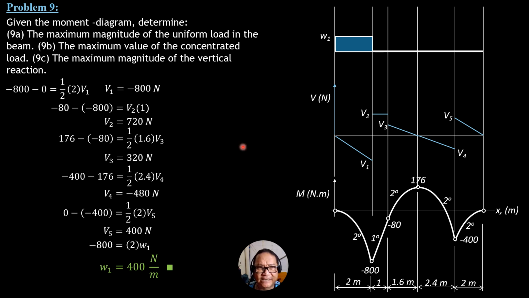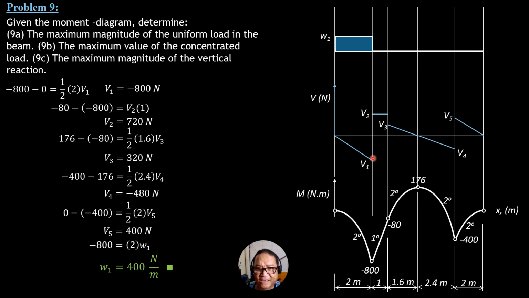So that's the answer for the maximum magnitude of the uniform load in the beam, although there are still loadings here, but that's the maximum. But anyway, we can verify that. So since between this point and that point there's no change in shear, that means there's no loading here. But there is an abrupt change in loading because from V1 it becomes V2.